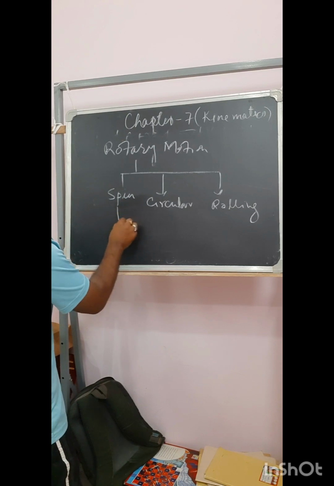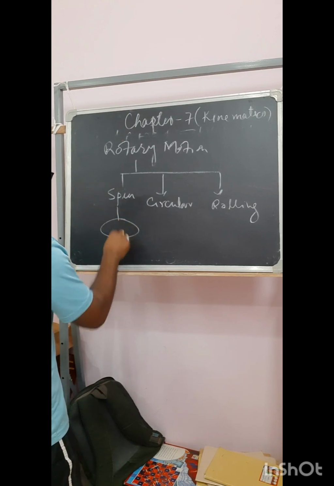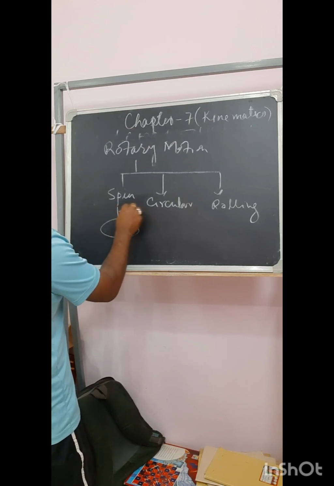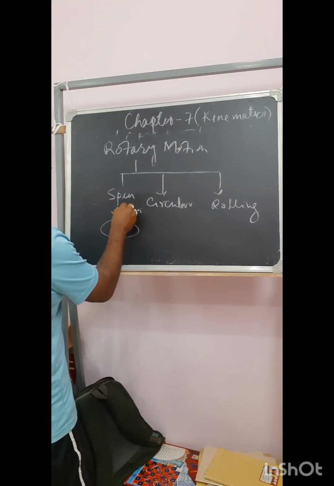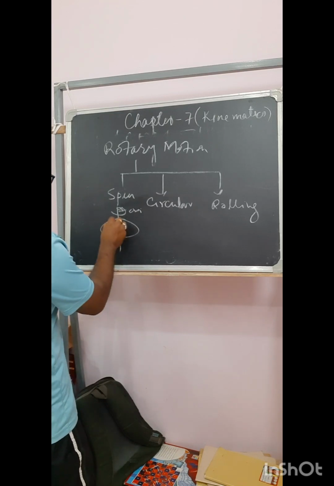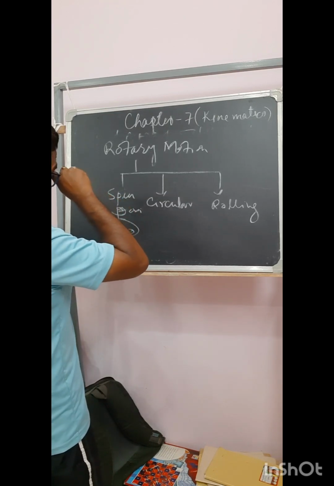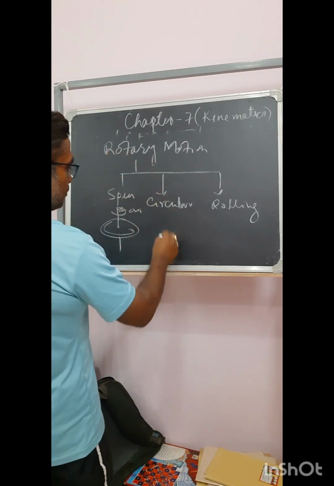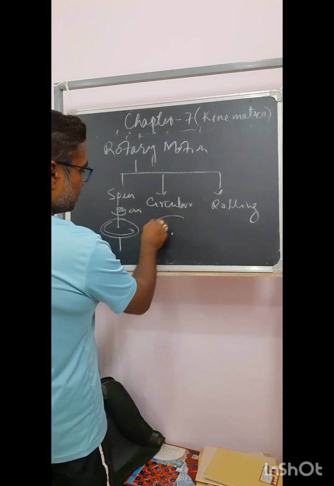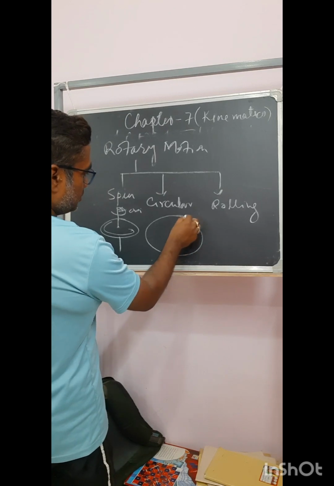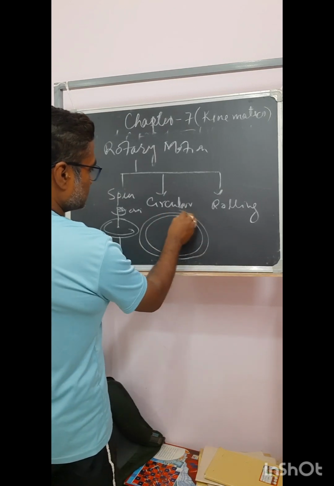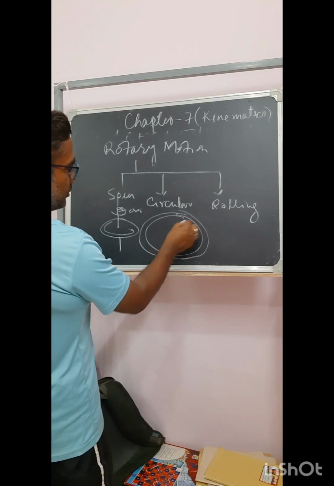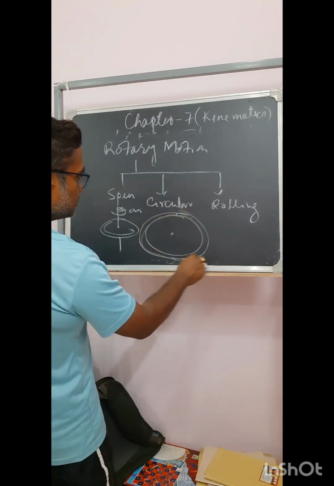Spin means if an object, let's say a solid object, is moving about an axis, this is the axis, and rotating with a circular speed, this is called spin, or any solid body or ball being rotated. Circular motion: let's say a person is moving on a track, which is circular motion. The person is moving with respect to the center point of the track. This is also circular motion.